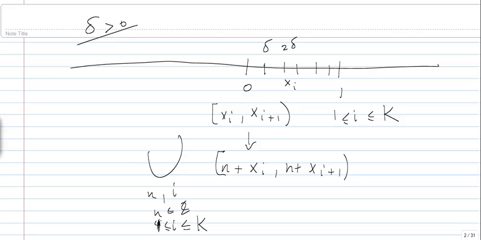This will give you countably many intervals that give you the entire R, and they are all of length less than delta.